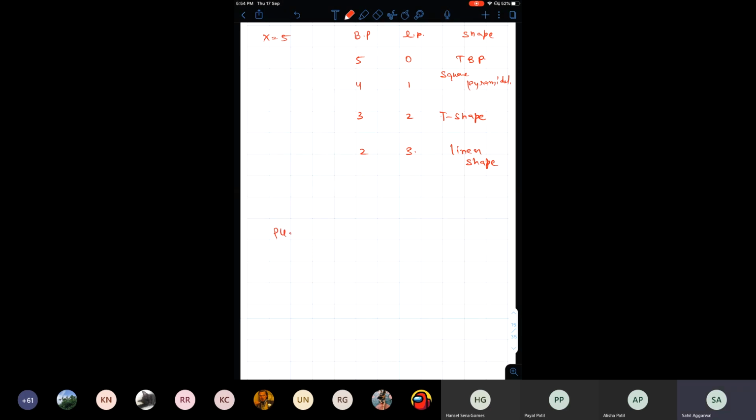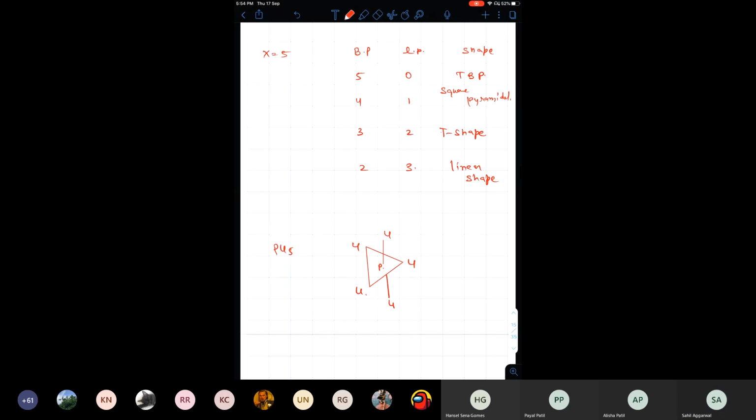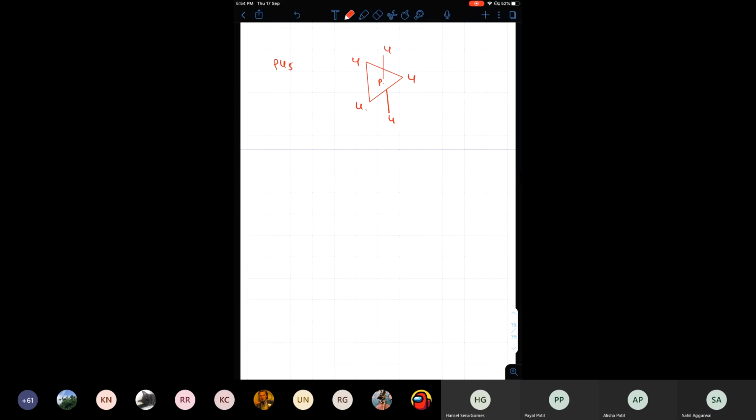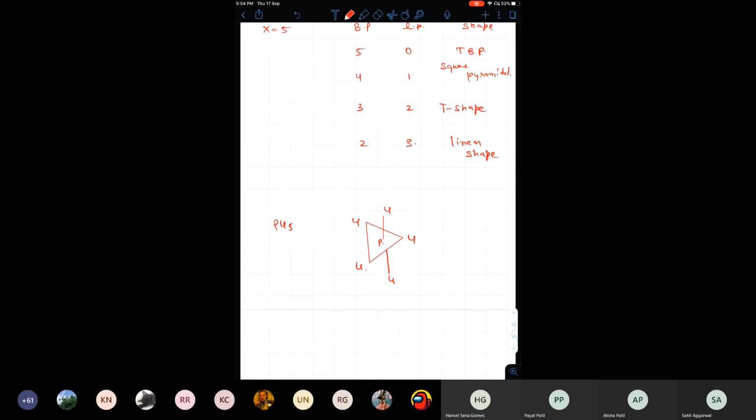For example, we have PCl5. Shape and geometry will be same. The 4 plus 1 one is not square pyramidal, it will be seesaw. Square will not form at all. It will be a seesaw.